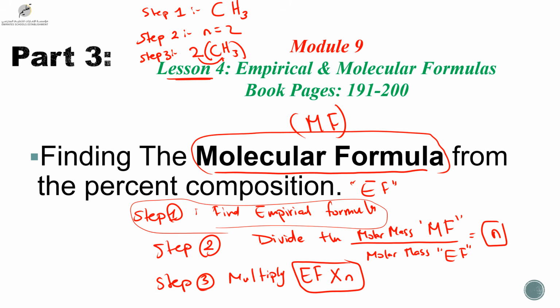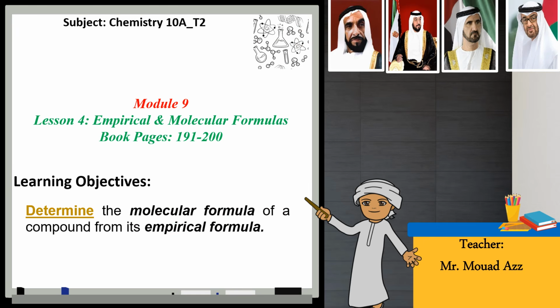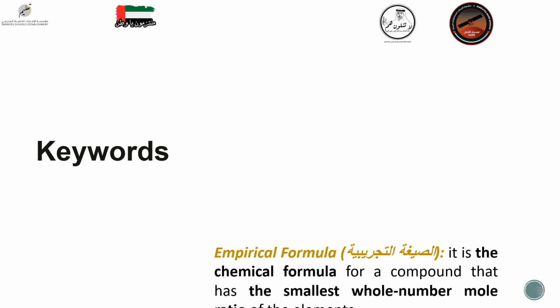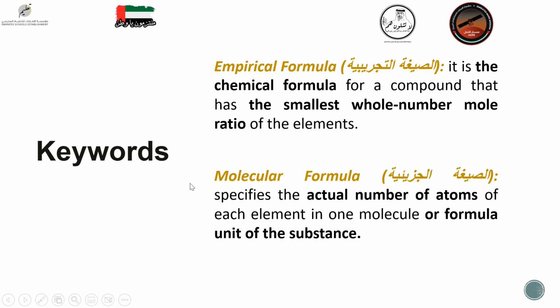The 2 goes to each element and multiplies the number below it. So you can find that the molecular formula is actually C times 2 is C2, 3 times 2 is 6, C2H6. That's it. This is the logic. These are the 3 steps that we do to find the molecular formula. Now we are going to see it through a detailed example, okay? So we already know the meaning of empirical and molecular formulas.